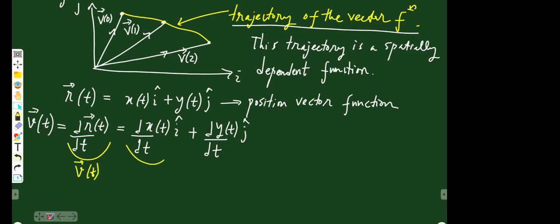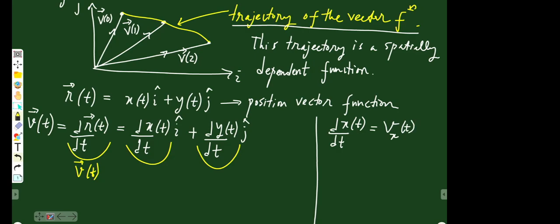What do you mean by this? And what do you mean by this? d/dt of x, what do you mean by that? d/dt of y, what do you mean by that? So understand, d/dt of x is the displacement rate, that is velocity in x direction, x directional velocity.